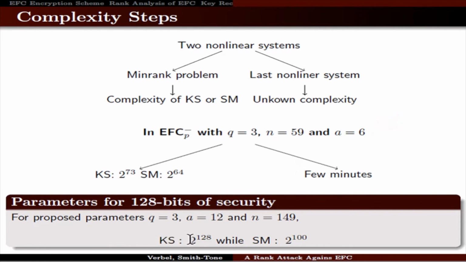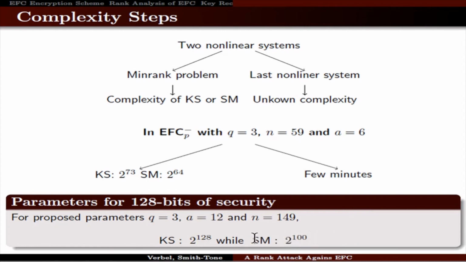Because we didn't know about support minors at that time, we said that for getting this level of security, we have to take a equals 12 and n equals 249. So we get this complexity for Kipnis-Shamir. But when you use support minors, you get 2 to the 100.